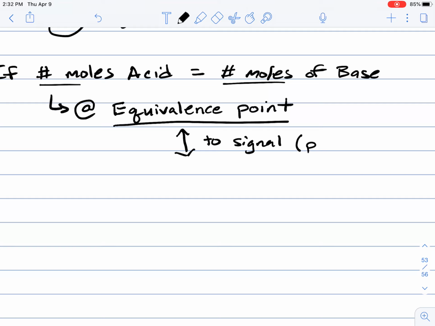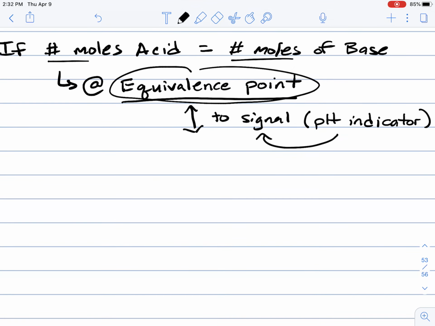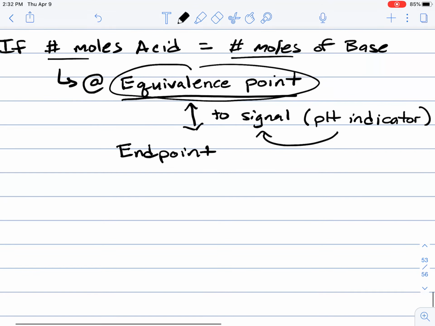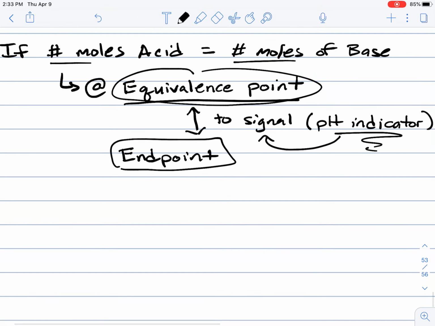So you're going to use a pH indicator to signal the equivalence point. Sometimes we interchange these terminologies. They're synonymous to each other, but the equivalence point signals the endpoint in your titration. And so when your indicator or your solution has turned to a different color, that means that you've reached the endpoint in the titration.